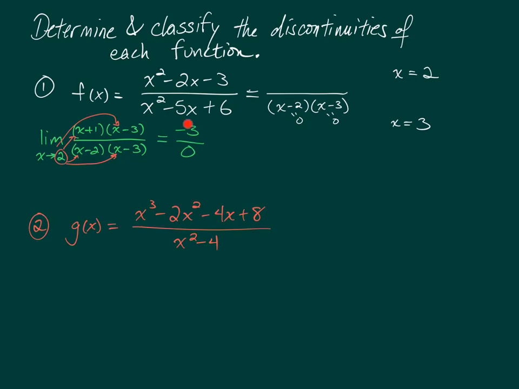This tells us that this fraction will have a limit that does not exist as x approaches 2. So this limit does not exist. What that means is that when x equals 2, this is a non-removable discontinuity.